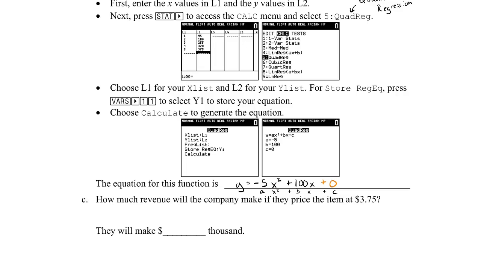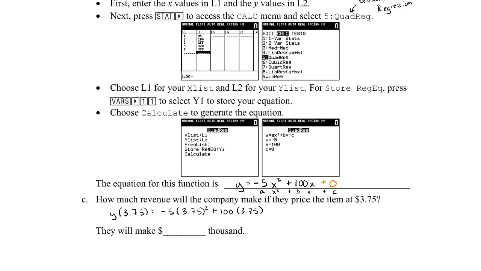If I want to know what revenue they'll make if they price the item at $375, well, y of 375 is negative 5 times 375 squared plus 100 times 375.